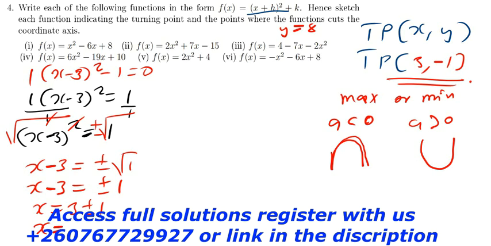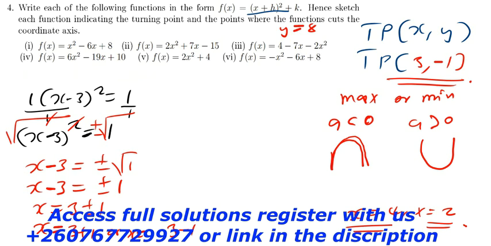So x will be equal to 3 plus 1, or x will be equal to 3 minus 1. So then x is equal to 4, or x is equal to 2. So these are the x values I have found.